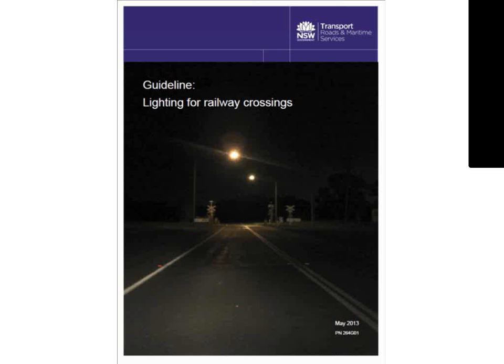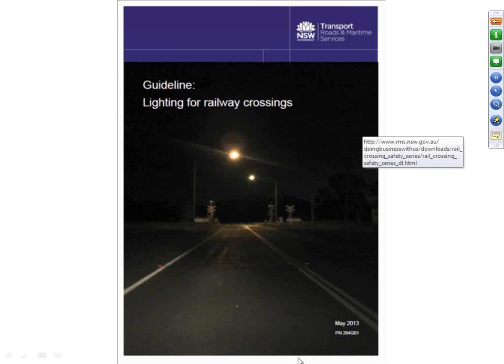It's to help practitioners have a level of consistency throughout the states, so they have a common framework that they could use. Currently, there's no framework. They may use different lighting guidelines, and rail authorities use their own different guidelines as well.